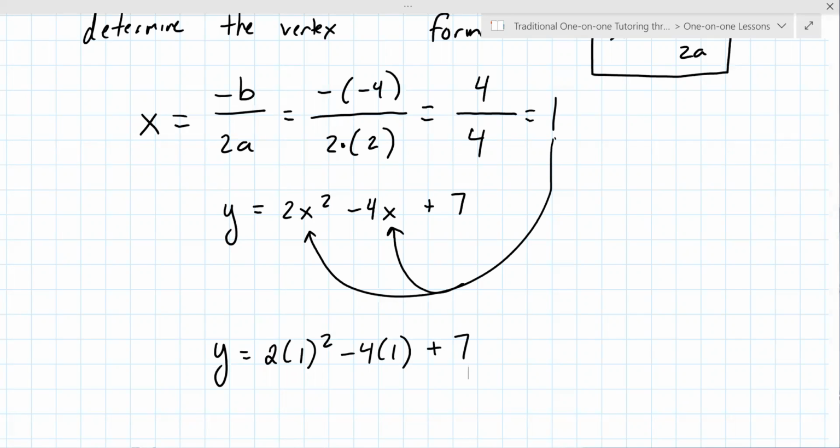Can you simplify this for me, please, and give me the final result? It's 2 minus 4 plus 7. What is the result of that?